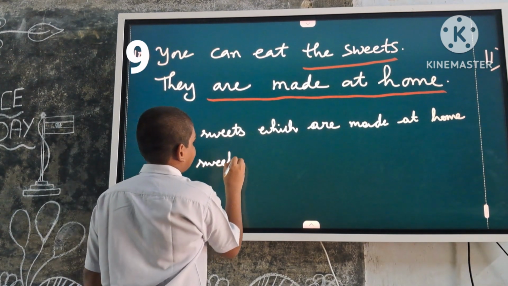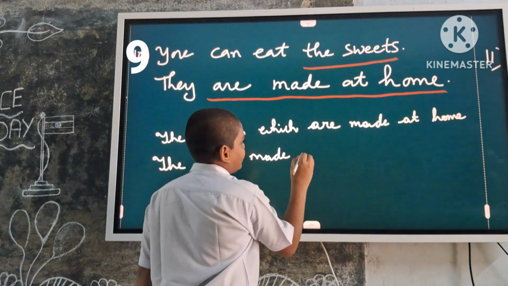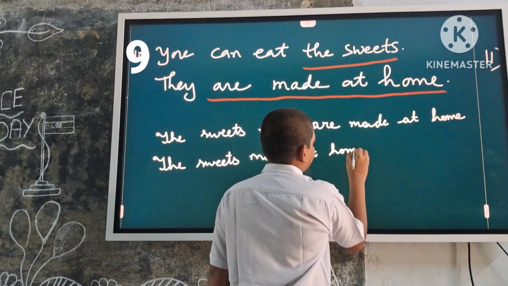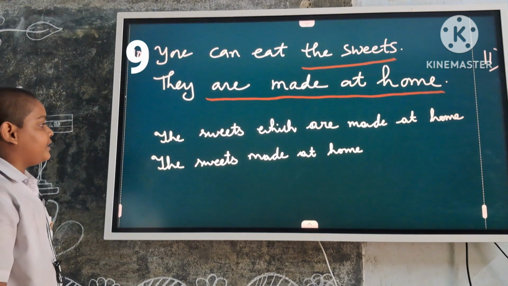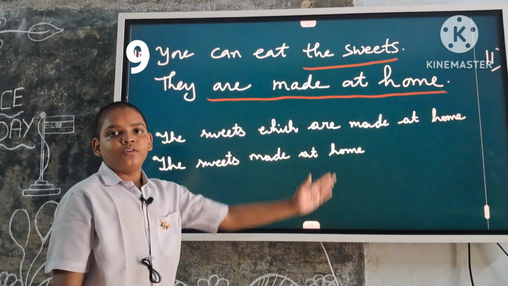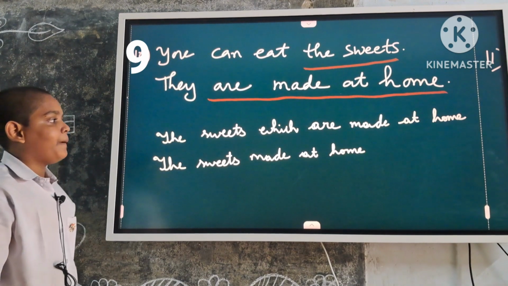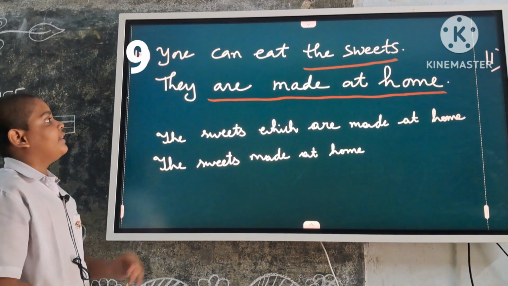The sweets made at home. Here the newly formed noun phrase is the sweets made at home. Made at home is post modifier past participle phrase. We can do another alternative noun phrase with this.